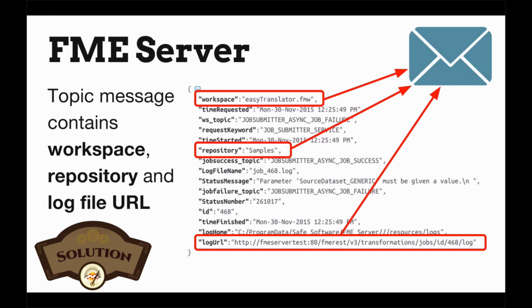Scheduling is very popular with FME Server, and if there was a failure, you would receive a notification that something had failed, but it wouldn't indicate the workspace or the repository. And now we not only indicate that, but we also give a link to the log, so that can be sent in an email. Just to save you steps, so you don't have to go to the web UI to start to investigate. This just makes it simpler.